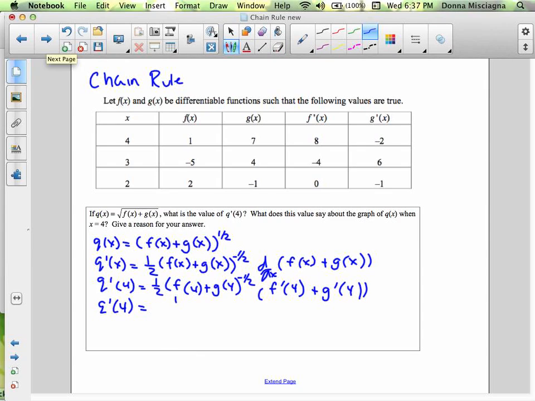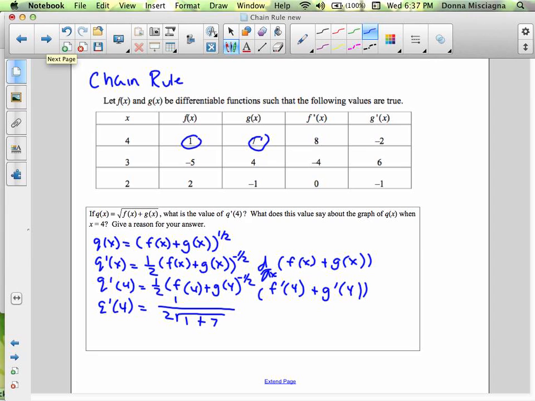All right, so 1 over 2 times the square root. All right, we'll plug in the values. F of 4 is 1, and g of 4 is 7. Well, it's not a pretty number.